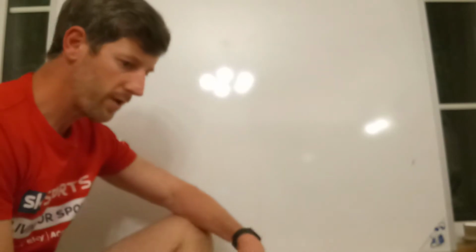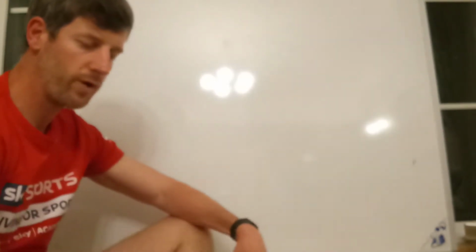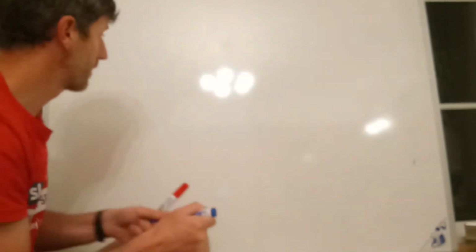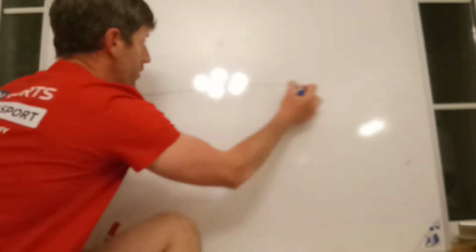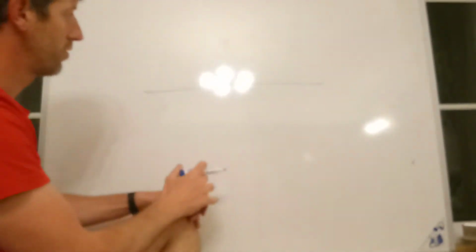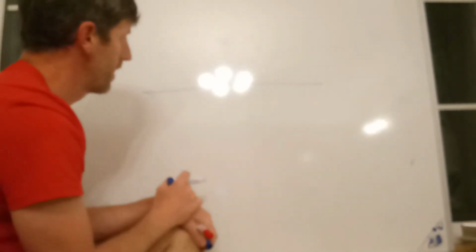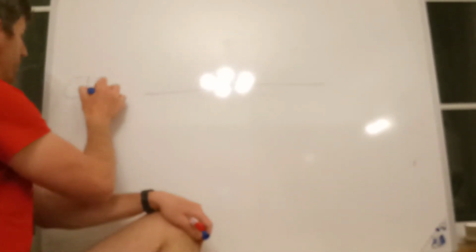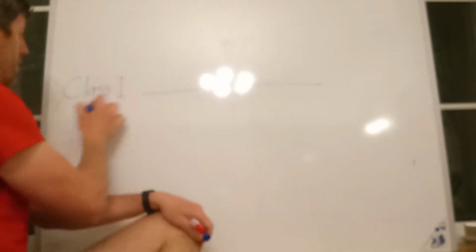To start with, if you were going to draw a lever system, there are three components you have to remember. A lever system diagram will look like this. You've got your baseline. This is a class 1 lever system.